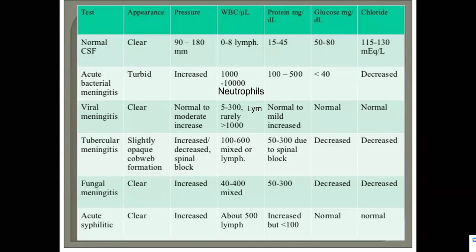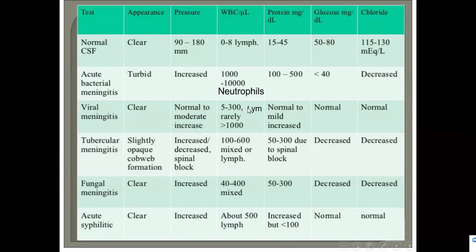In the case of viral meningitis, the CSF appears clear as if it is normal. The pressure is almost normal. Now you have mainly lymphocytes because it is a viral infection. In viral infection, lymphocytes are increased.